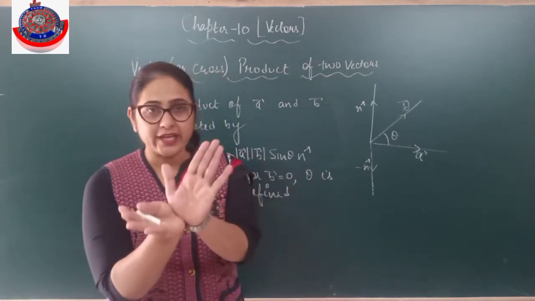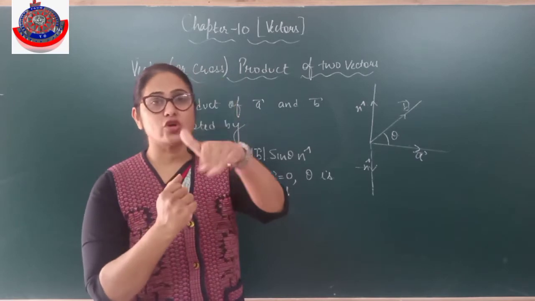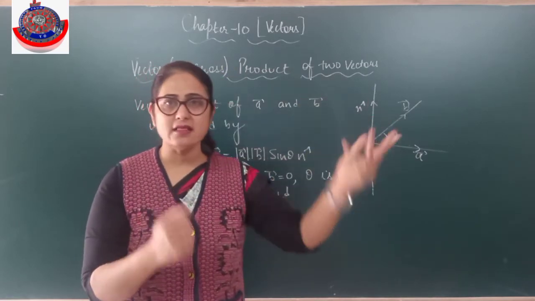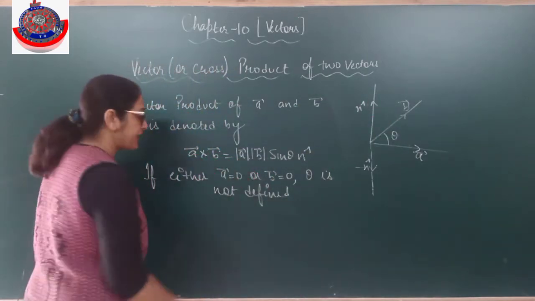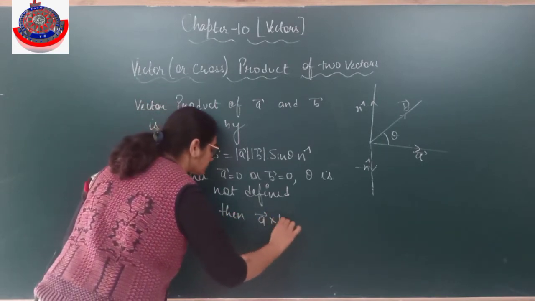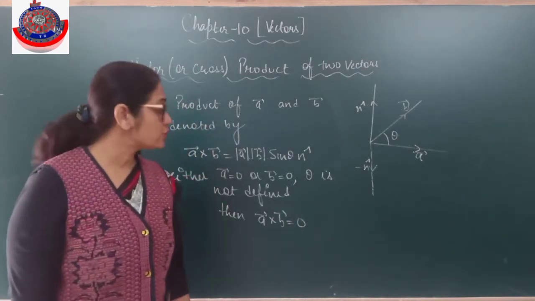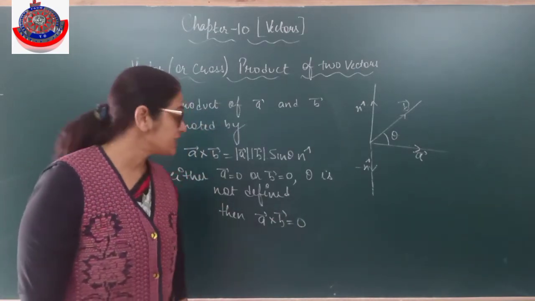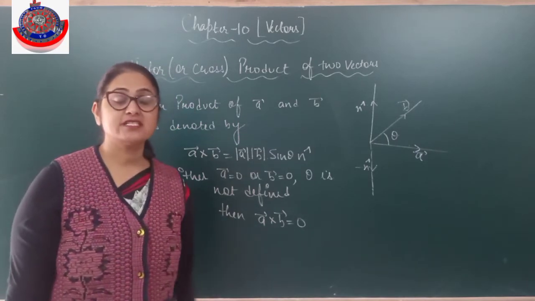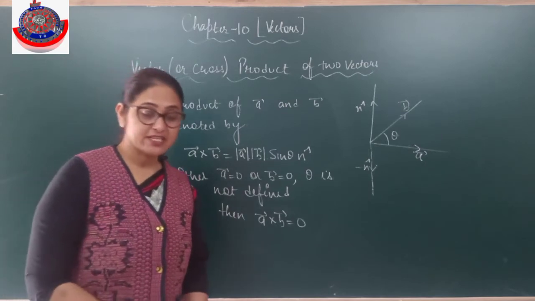For theta I need two vectors, it is a measurement. If one is 0, one is not there, so it alone will not make any angle. So theta is not defined, and then definitely A vector cross B vector is equal to 0.